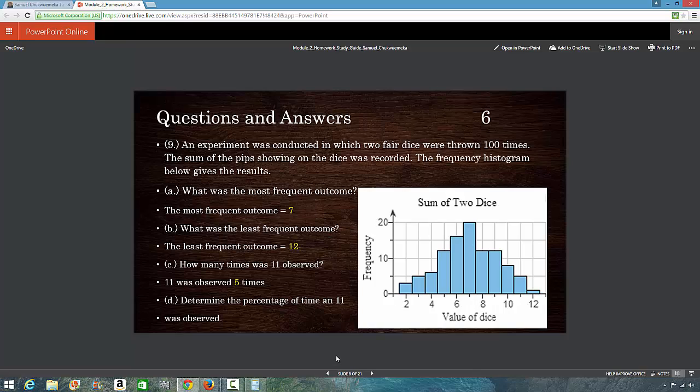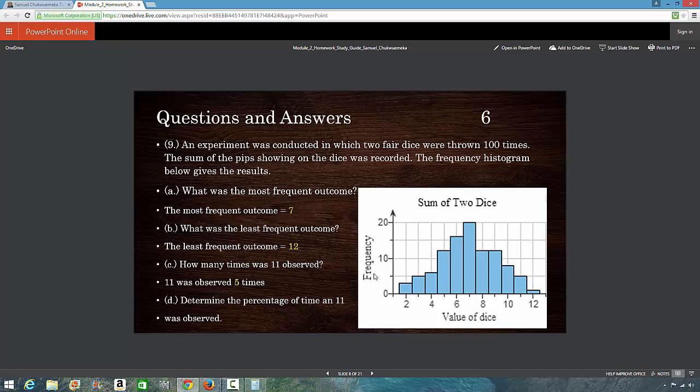What was the least frequent outcome? It is this little guy right here, and that is 12. Because this tells you that 7 occurred 20 times. How many times was 11 observed?